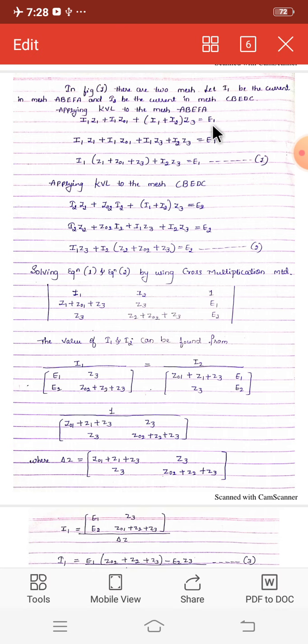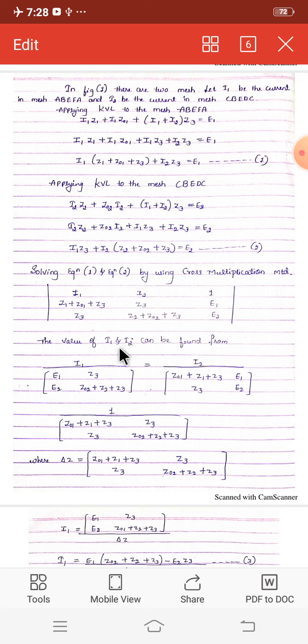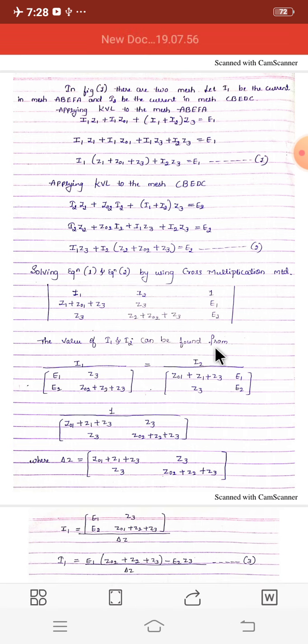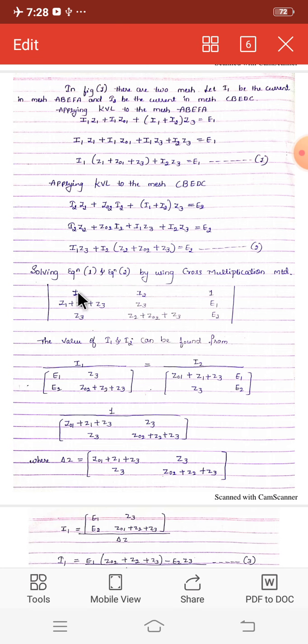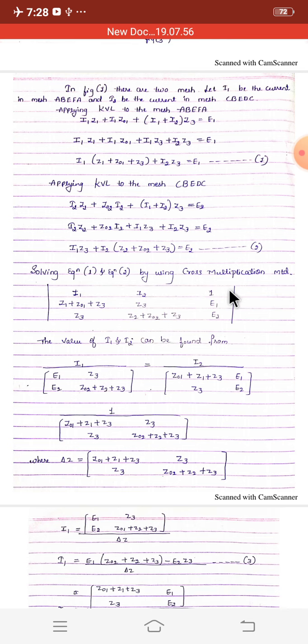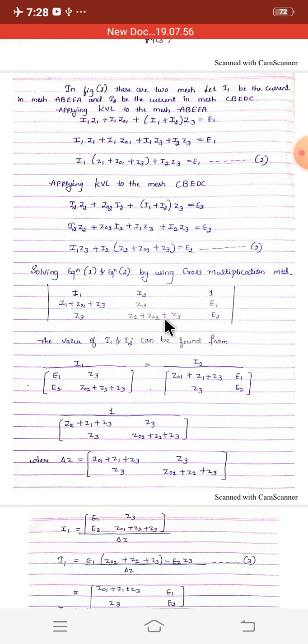Next, here the column is E1, E2. The values of I1 and I2 can be found from this. Now we want the I1 and I2 values, so first I1 divided by, this and this, means E1, E2, Z3, Z02 plus Z2 plus Z3.